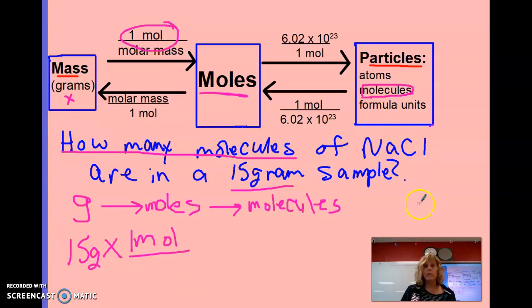I need to look up the molar mass. If I look on my periodic table, sodium is 23 and chlorine is 35.45. I'm going to go 35.5.